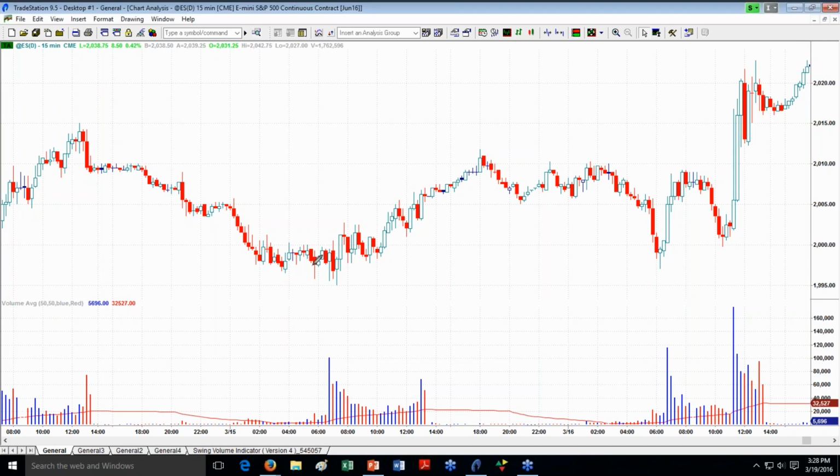But how about this? We have one bar at the opening that has the largest volume, and then we are moving to the upside, but the volume is contracting. So what does it mean? Is this an ease of movement, or is this just a function of opening volume versus just a regular volume between, like, 6:30 and 9 o'clock?